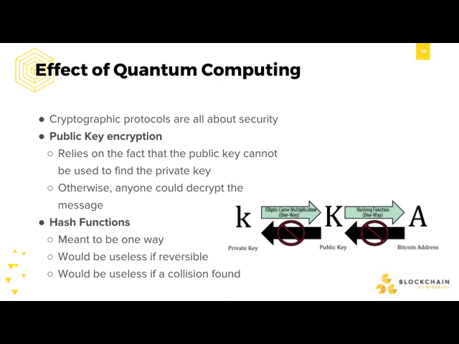They're meant to be one way, and a hash function is considered broken if it can be inverted, or if you find a collision. That means two different inputs that map to the same output. It would make it so that if you have a Bitcoin address or a public key, you could trace back to the private key, which I'll go into a little later.